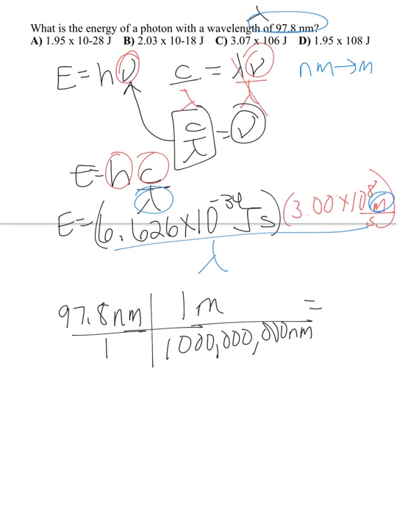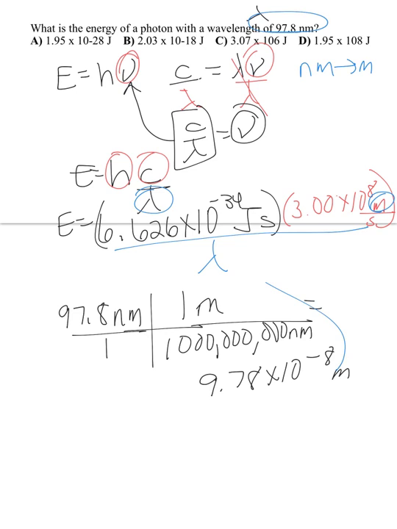So if you get your calculator out and do 97.8 divided by 1 with nine zeros, let's do this in scientific notation, that gives you 9.78 times 10 to the negative 8th meters.